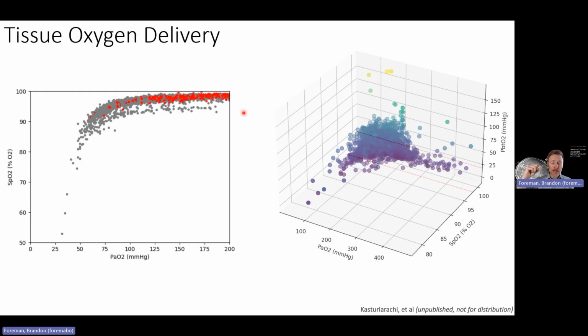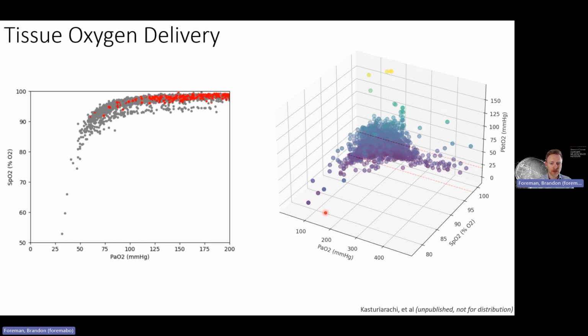Now, if you add brain tissue oxygen to this graph, as you can see in the 3D graph here, the majority of the adequate pbtO2, as seen above this red line here, tends to occur at a relatively high SpO2, or oxygen saturation, but a relatively low PaO2, something around 150 or less.